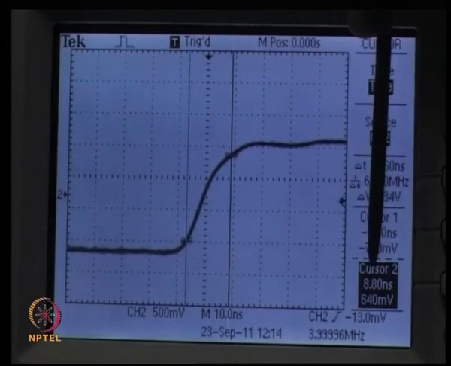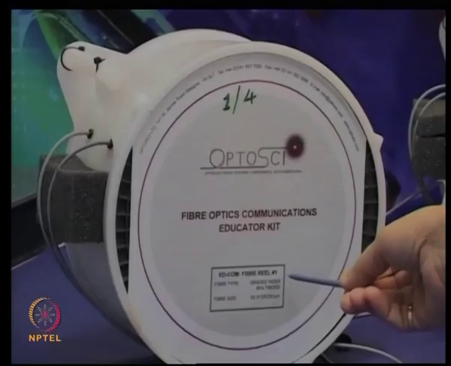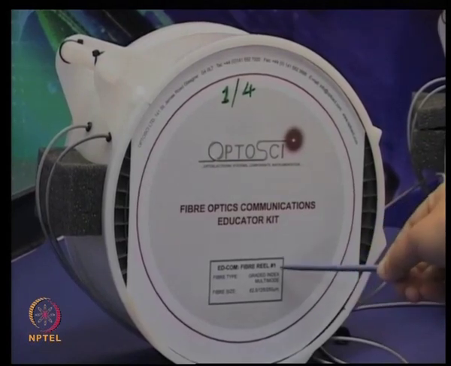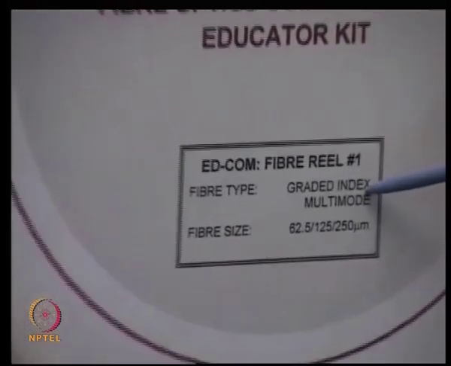Cursor 2 is at 8.8 nanoseconds. We will now connect graded index multimode fiber between the transmitter and receiver.